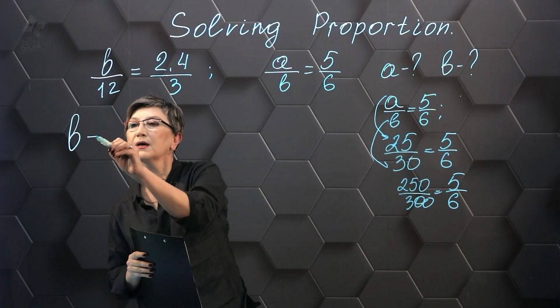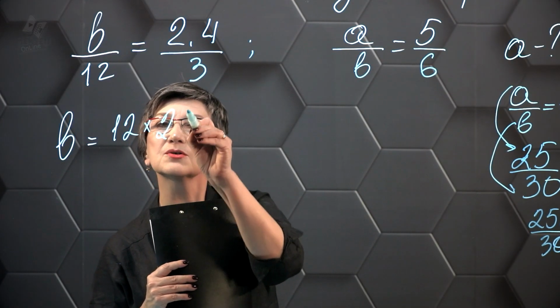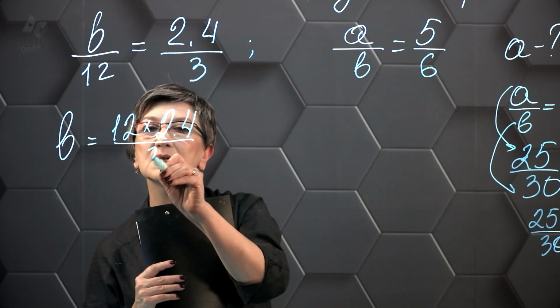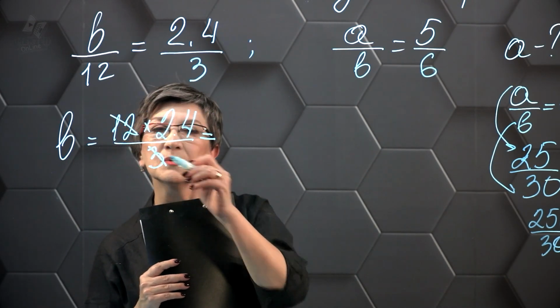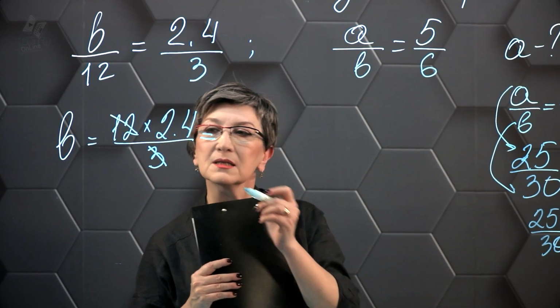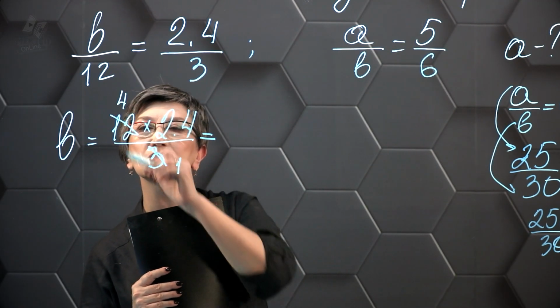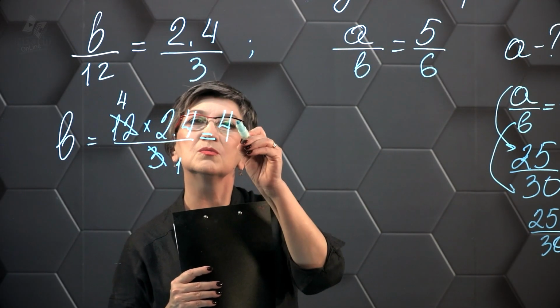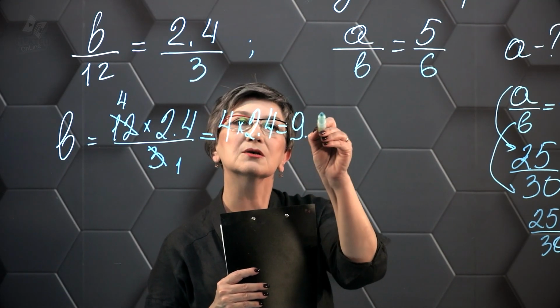I'm going to write D equals 12 multiplied by 2.4 and divided by 3. 12 and 3 we can divide by 3. 3 divided by 3 is 1. 12 divided by 3 is 4. 4 times 2 whole 4/10 equals 9 whole 6/10.